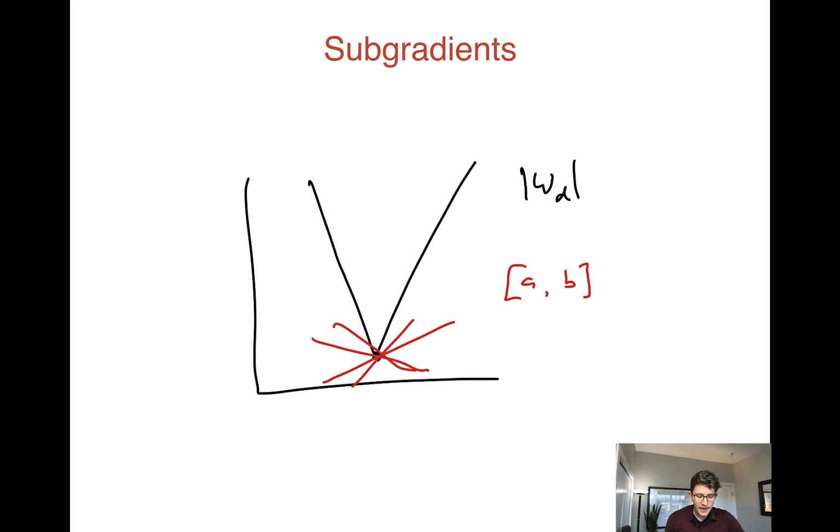We're going to say that any slope between A and B, which in the case of the absolute value at 0 is going to be between -1 and +1, any of those slopes are all subgradients. So we can write the subgradient as this full interval of A to B. So this is going to let us optimize in the case of this undifferentiable function with a little bit more rigor.